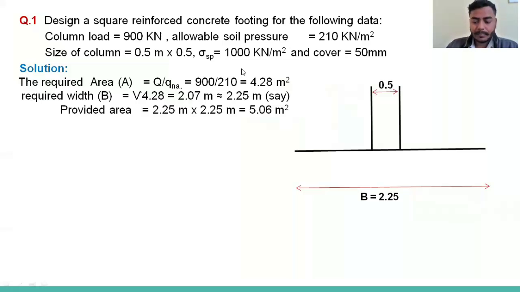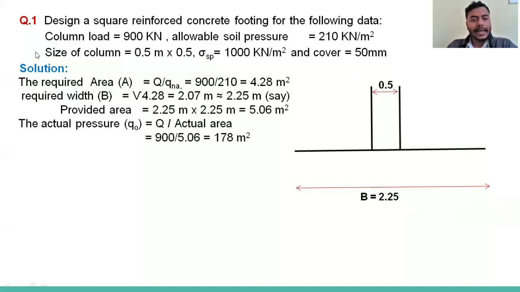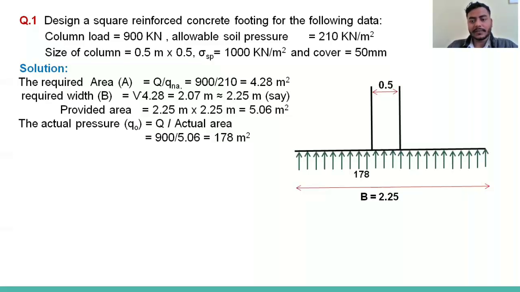So you can see here we have provided some greater area as compared to required area. So we have to calculate what is the actual pressure that will develop at the base of the footing, right? So that we can calculate, 900 divided by 5.06. It came 178. So that you can see in this figure, I provided 178.